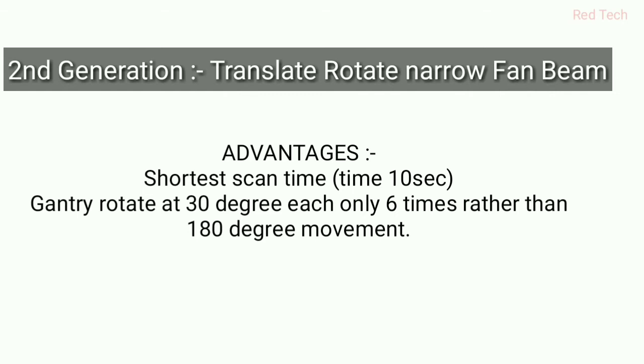As compared to that, in the first generation the gantry movement is 180 degrees to complete one rotation, but in this case the gantry only moves 30 degrees, taking 6 rounds to complete the 180-degree movement. This is basically the difference between first generation and second generation.